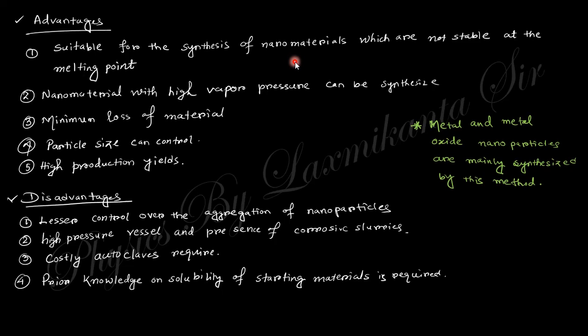Nanoparticles with high vapor pressure can be obtained, there is minimum loss of material, and particle size can be controlled. The disadvantages are less control over the aggregation of nanoparticles, high production cost, a high pressure vessel, and the need for a stirrer.